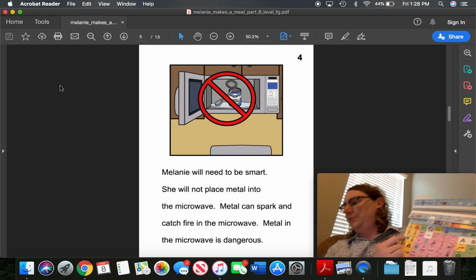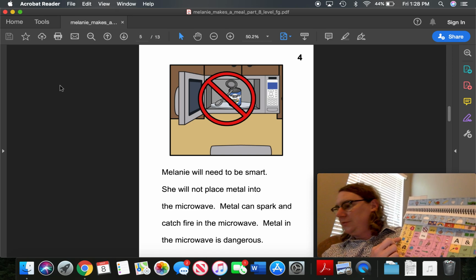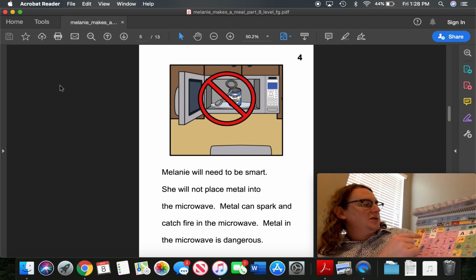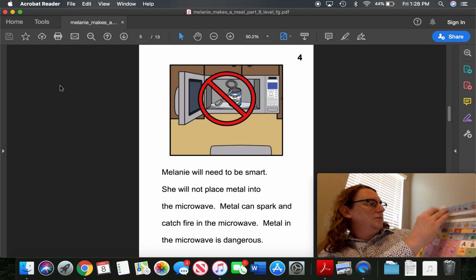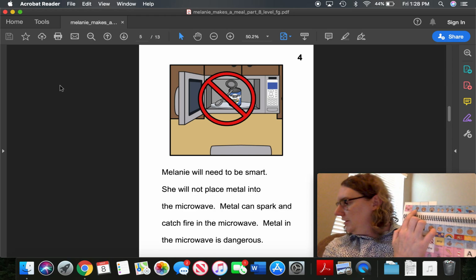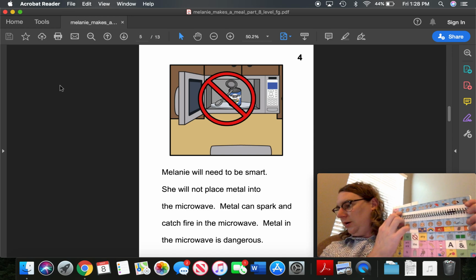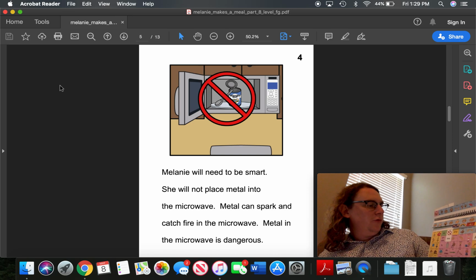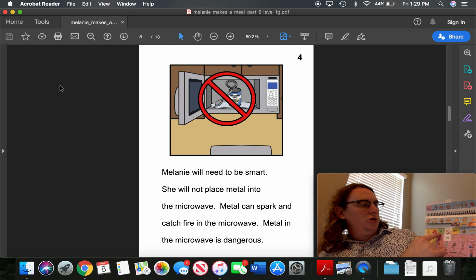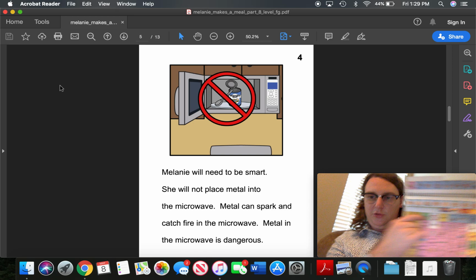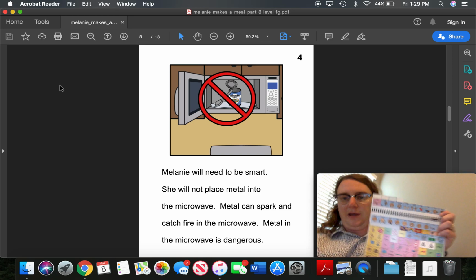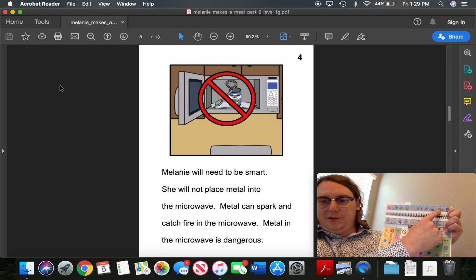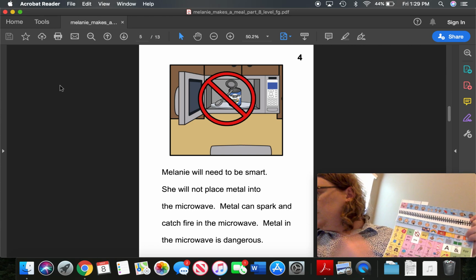That was a little slow. This is my first run through. Put something hard and shiny in it. And you can say that is bad. What else? It will be too, and I'm just going to use this too. Sorry, I keep going out of camera. I should face it this way. It will be too hot. It will be too hot.